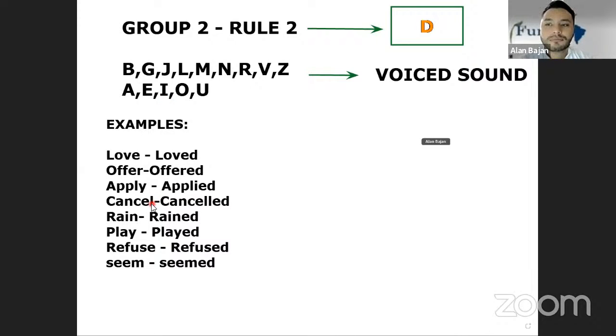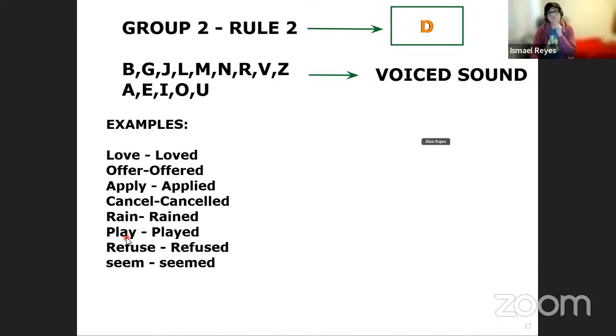Cancel. What letter? L. L as in... Rain. N. N as in November. Play.